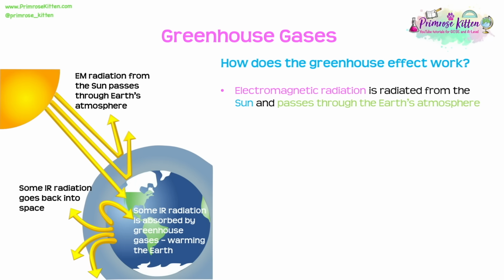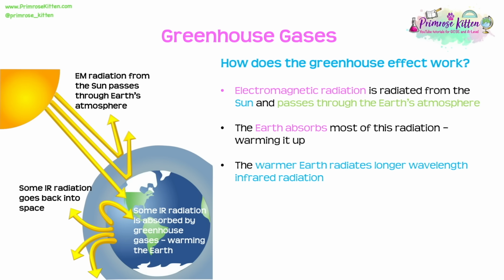So we need to know that electromagnetic radiation from the sun radiates out and passes through the Earth's atmosphere. Now this electromagnetic radiation that's coming from the sun includes a range of wavelengths, including some shorter wavelength and some longer wavelength. Now the Earth is going to absorb most of this radiation that comes through the atmosphere, and the Earth is going to get warmed up.